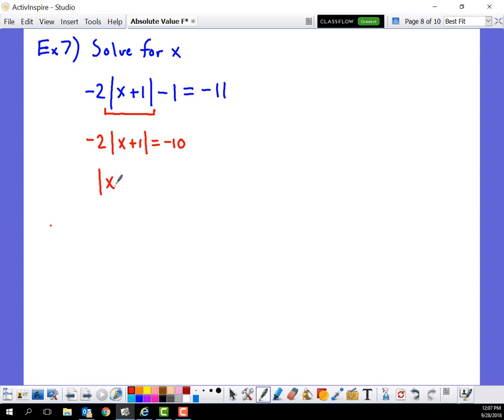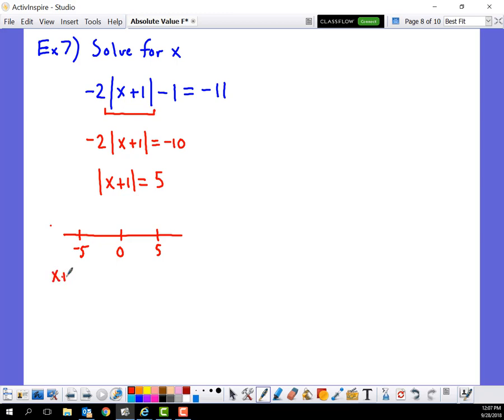So when I divide both sides by -2, we get the absolute value of x plus 1 equals 5. And now once we get to here, we know what we're doing. We're looking for two numbers that are 5 steps away from 0. So that's +5 and -5.